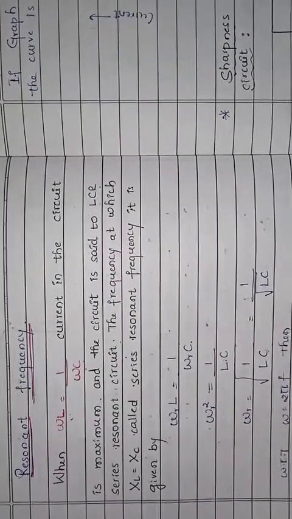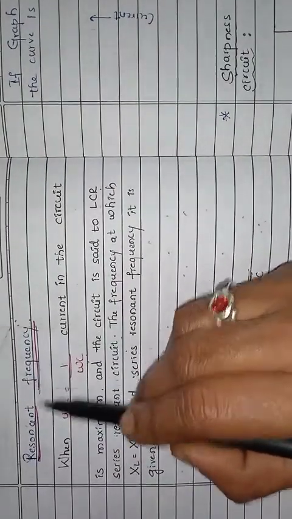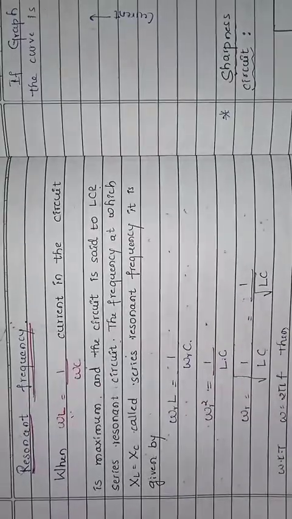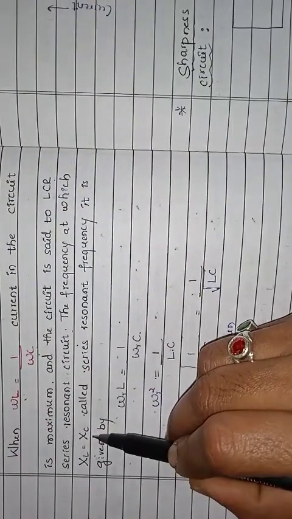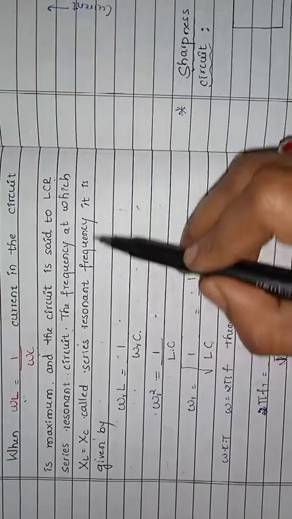Then our concentration is resonant frequency. The frequency at which XL is equal to XC is called the series resonant frequency.